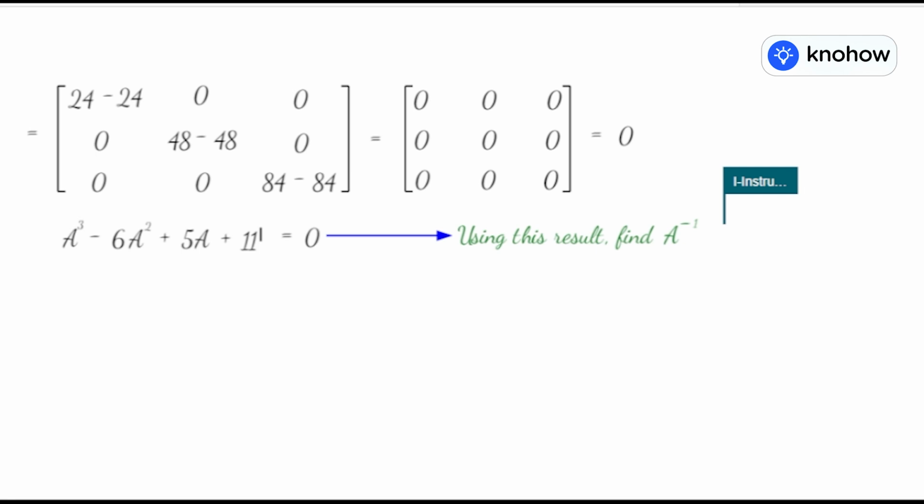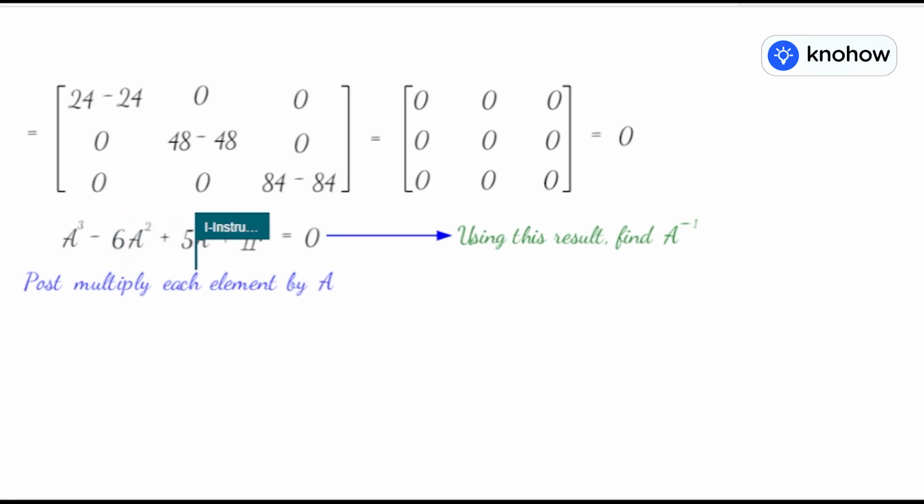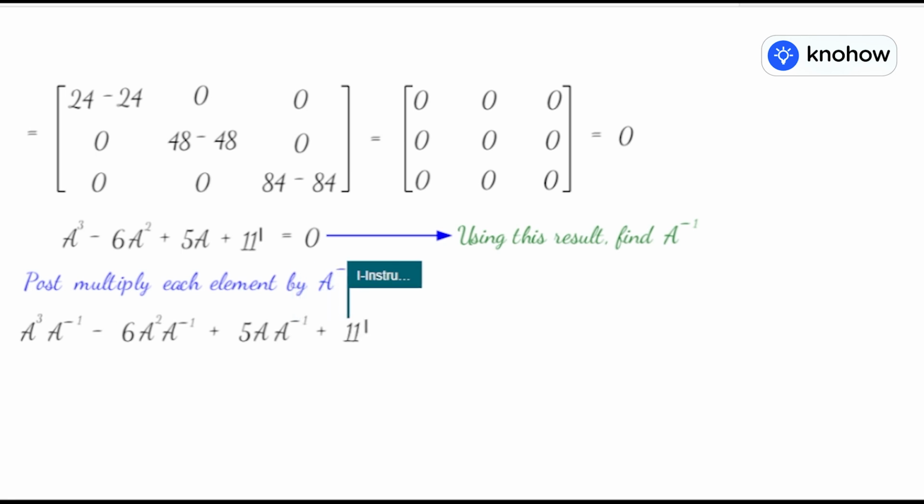Multiplying each element on both the sides by A inverse. Let us say post multiply, that is multiply on the right side of each term. Post multiply each element by A inverse. So you get A cube into A inverse minus 6A square into A inverse plus 5A into A inverse plus 11I into A inverse equal to 0 into A inverse, which will remain 0.